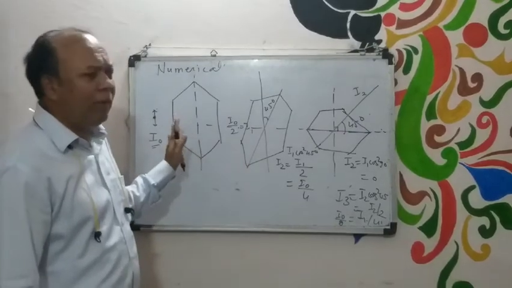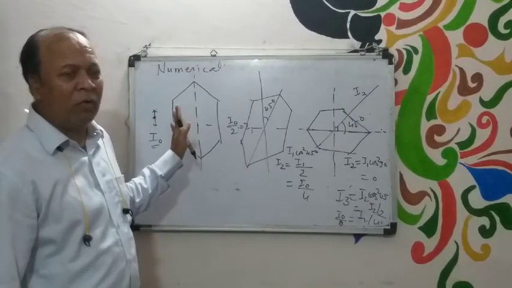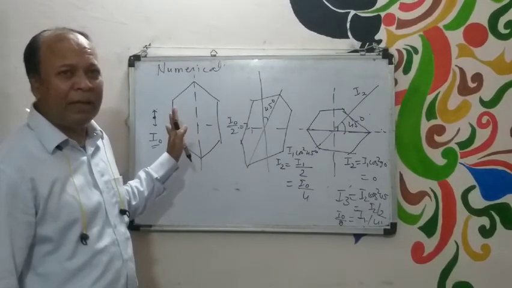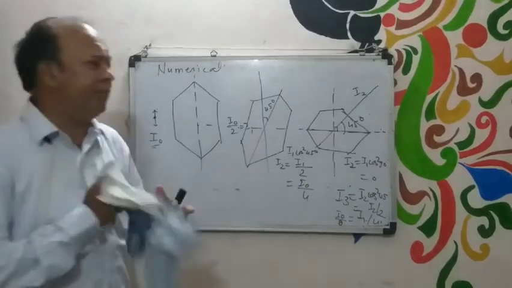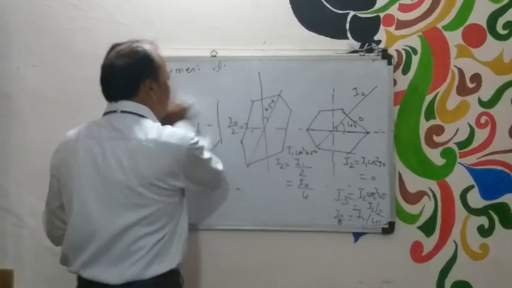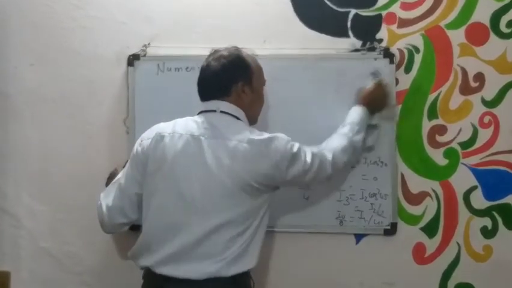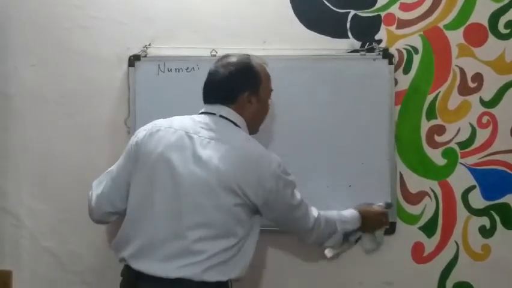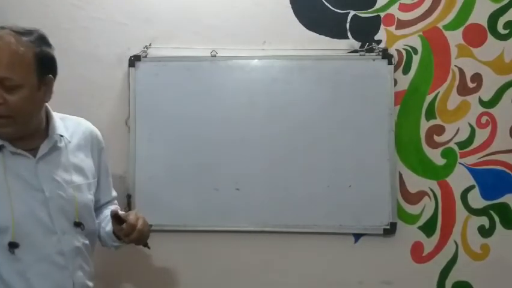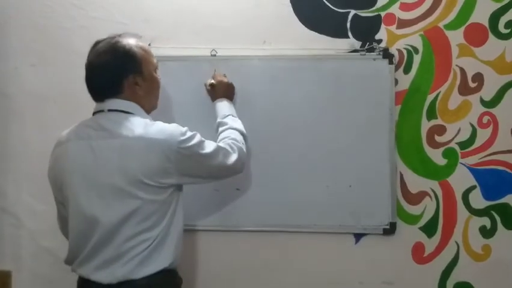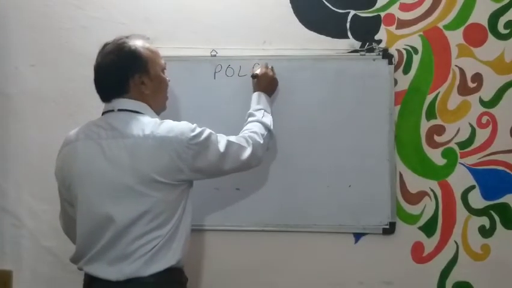Okay? Now we will discuss some simple applications that are used in polarization. In polarization, the device that is used to polarize light is known as Polaroids.